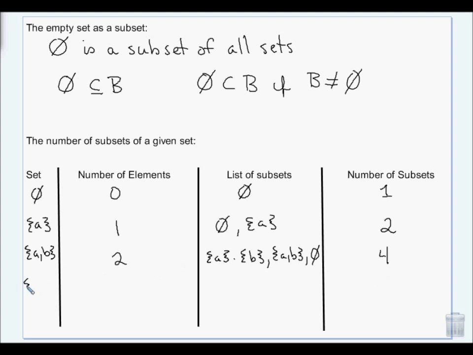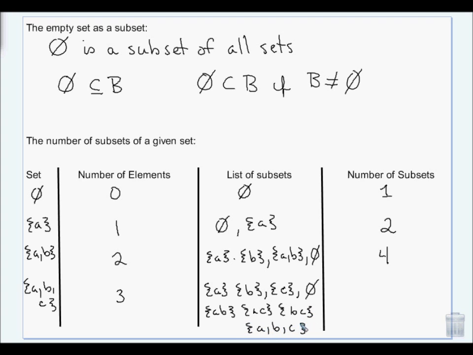And then if I have a set that has A, B, and C, that has 3 elements. And I have the subsets A, B, and C, and the empty set. I also have AB, AC, BC, and ABC. So I have 8.